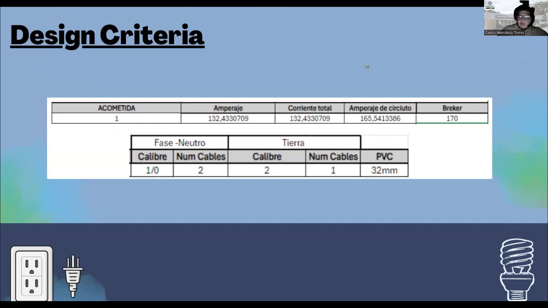We take a security factor of 1.25, and we have the whole circuit amperage. With that, we get the breaker and the caliber of the cable that we are going to need, which in this case is 1/0, 2 cables for the phase and neutral, and for the ground, we have caliber 2.